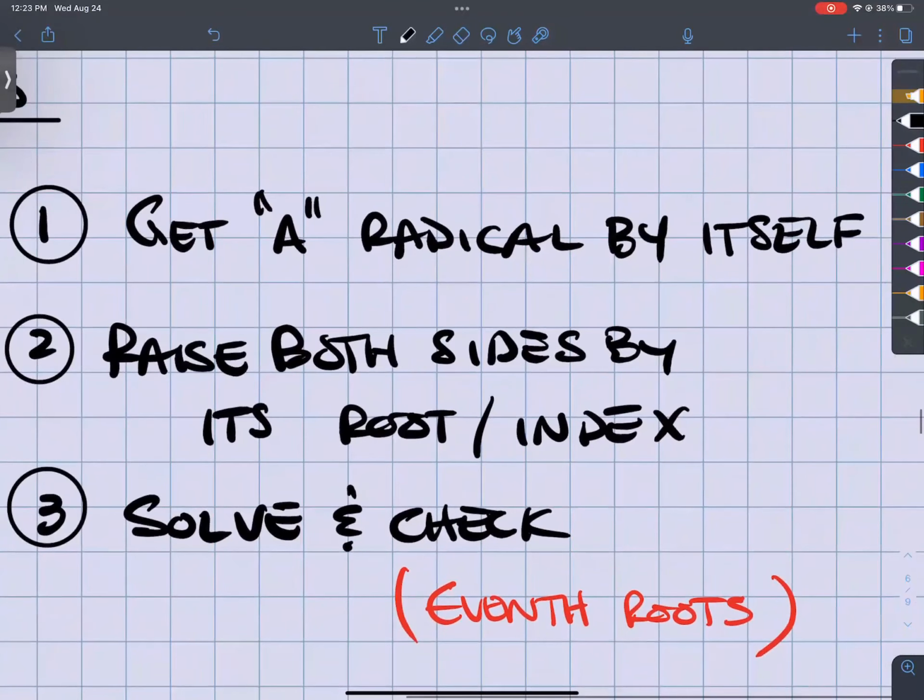Get a radical by itself. If there are multiple radicals, I want to get one of them by itself so I can get rid of that radical. It cancels out 1 radical, so I might only have 1 radical left. Then I have to do that process all over again to get rid of the second radical, okay?